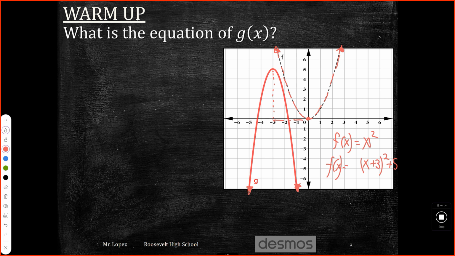The hardest thing to get is this a value. And so we want to figure out what the a value is. Has there been a vertical stretch or a shrink? Let's take a look at the vertex.